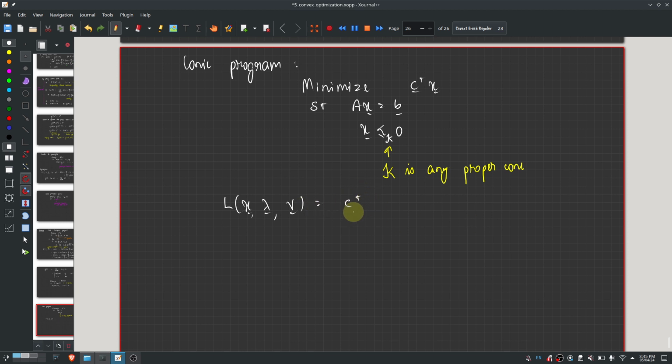This is the function c transpose x plus lambda transpose x plus nu transpose into Ax minus b.